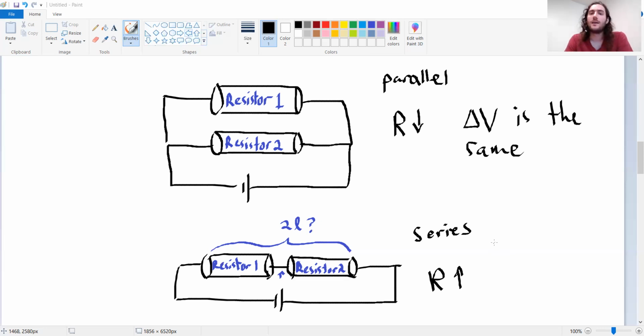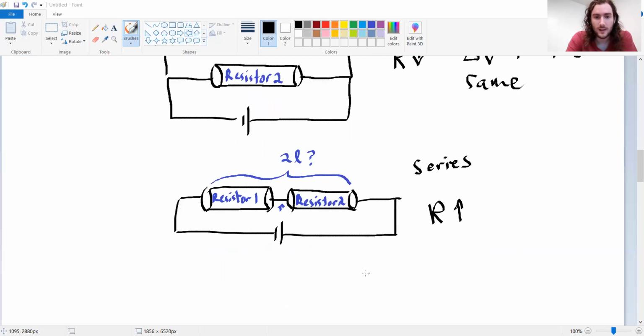There's no reason that a conductor would just start to accumulate charge in that fashion. Now, if it's a capacitor, that's a different story, right? A capacitor is designed in a way to store charge. But we're talking about just a conductor here for these resistors with no spatial gap between two plates. And so in this case, the current is the same through these two elements.